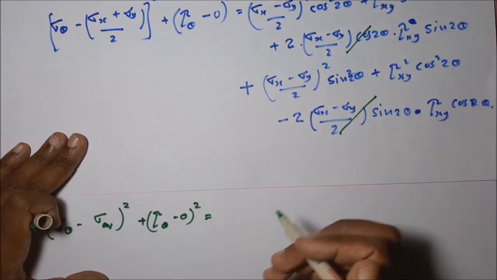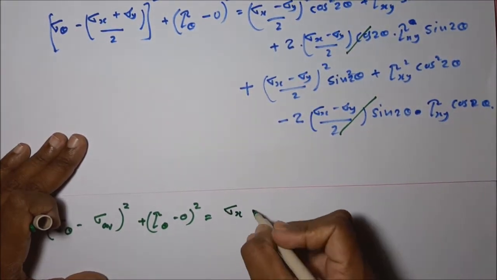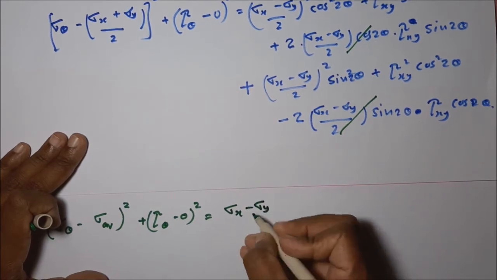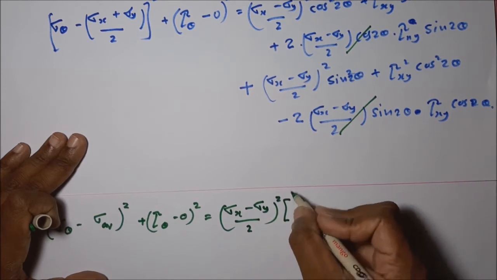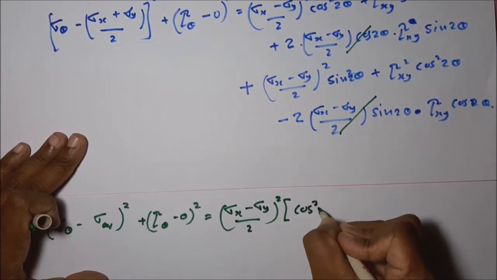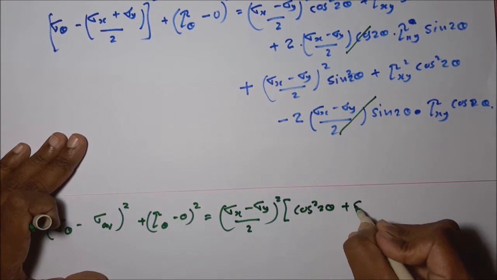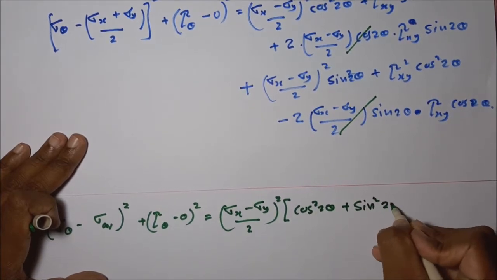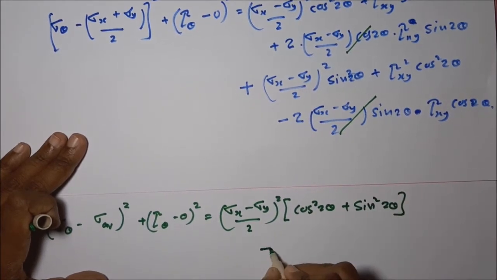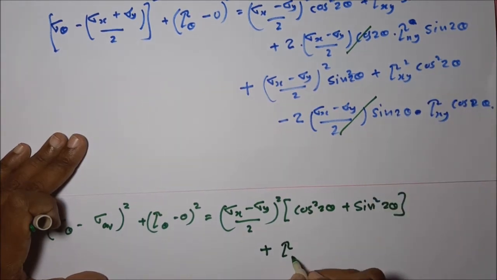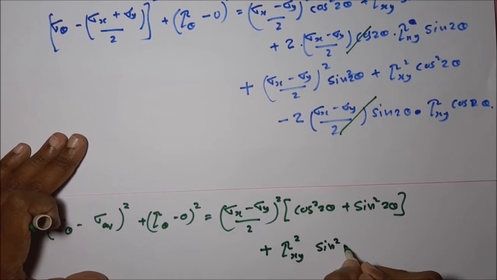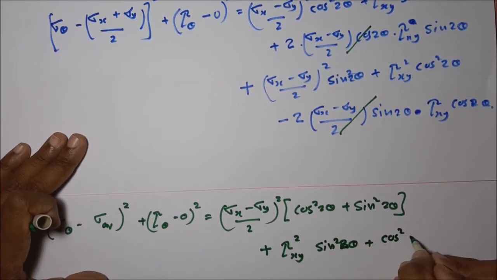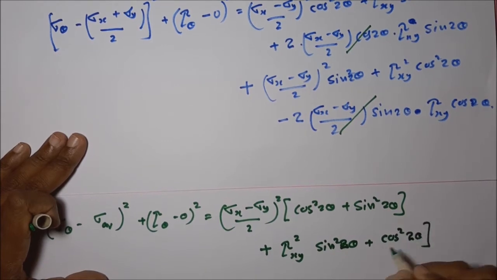So then remaining only one term, which we can also write in this format: sigma x minus sigma y divided by 2, squared, times cos square 2 theta plus sin square 2 theta, plus tau xy square times sin square 2 theta plus cos square 2 theta.